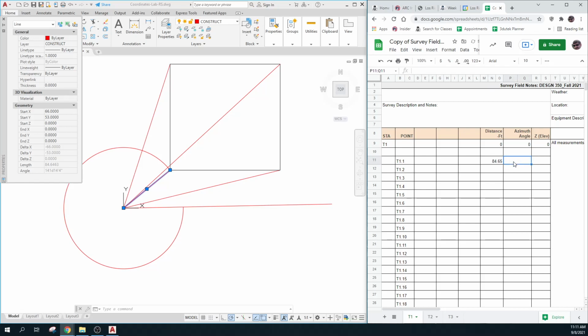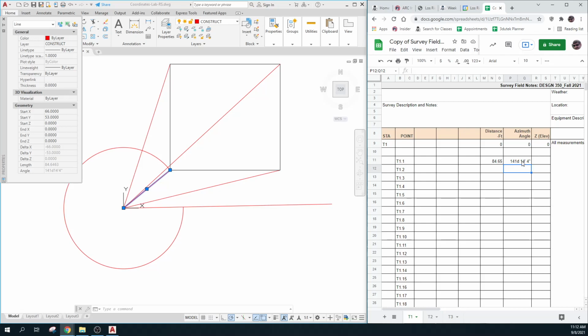And it's, see over here, it's 141D, 141 degrees, 14 minutes, 4 seconds. And I can write it like that so that it's really clear.